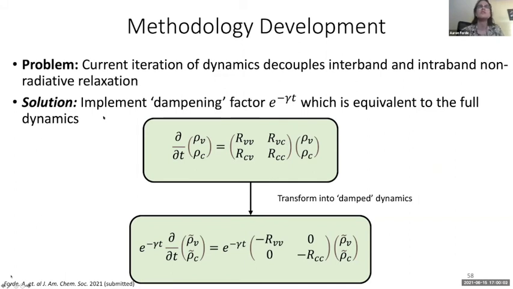And then we were able to show that it's possible to transform these full dynamics, shown in the top, into a damped version of the dynamics by just considering the uncoupled system and applying this exponential decay.